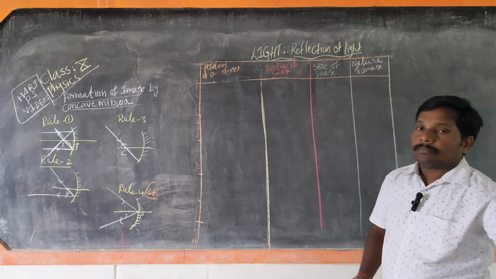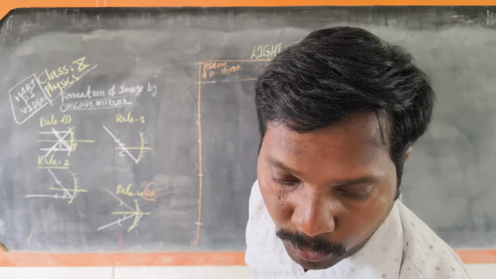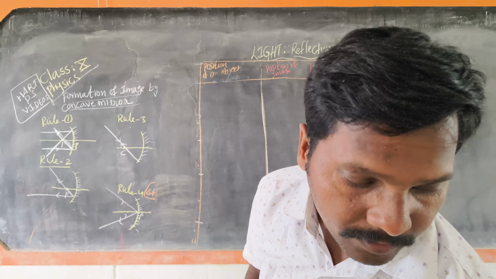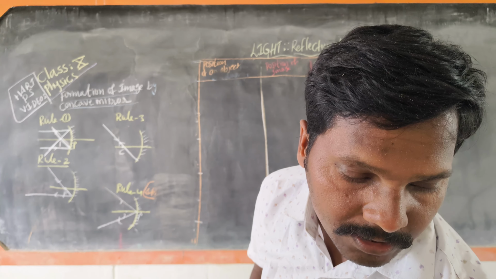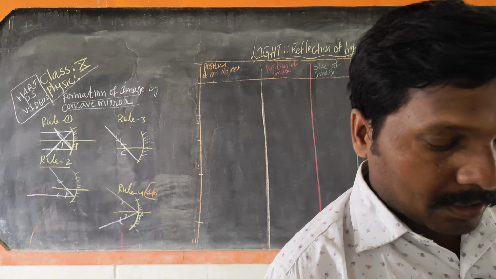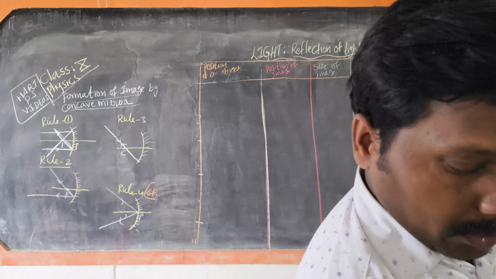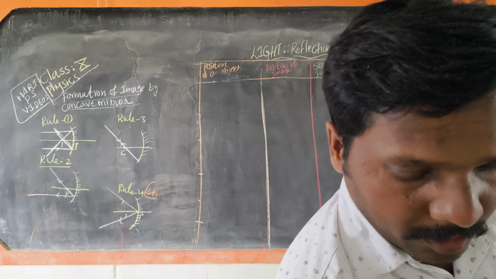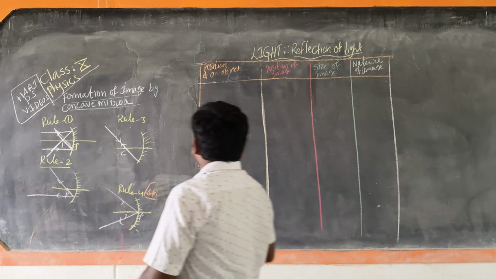We have 6 cases, that means 6 positions of an object we place, then different types of images are formed. Let's know their position and where the image is formed.